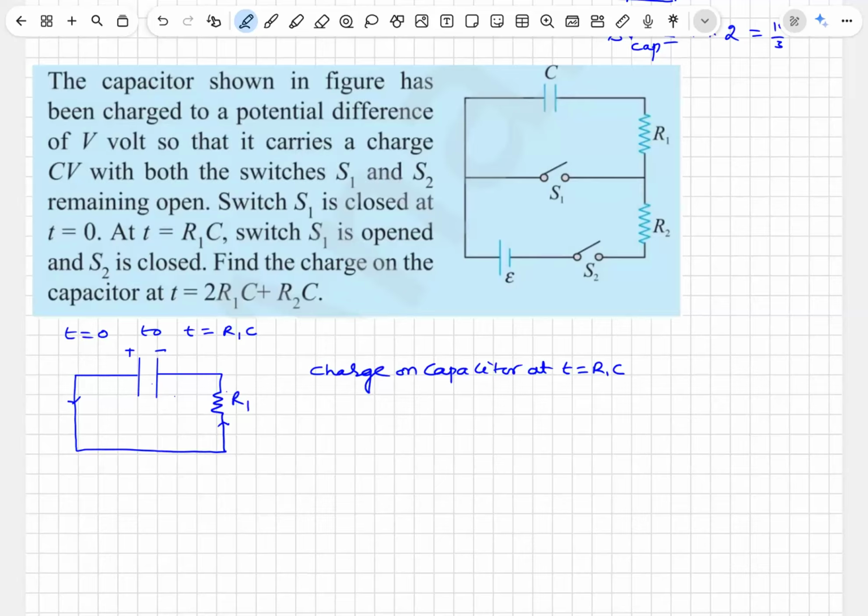It is a discharge. Q is Q naught e to the power of minus t by tau. So therefore, that charge is CV by E.